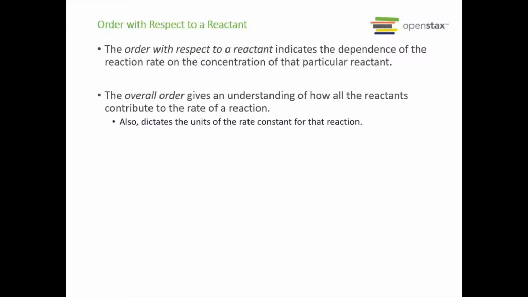This also, the overall order, is what gives us the units of the rate constant for the reaction. We'll talk about that a little later in this section, but the units for k are going to change depending on your order of reaction.